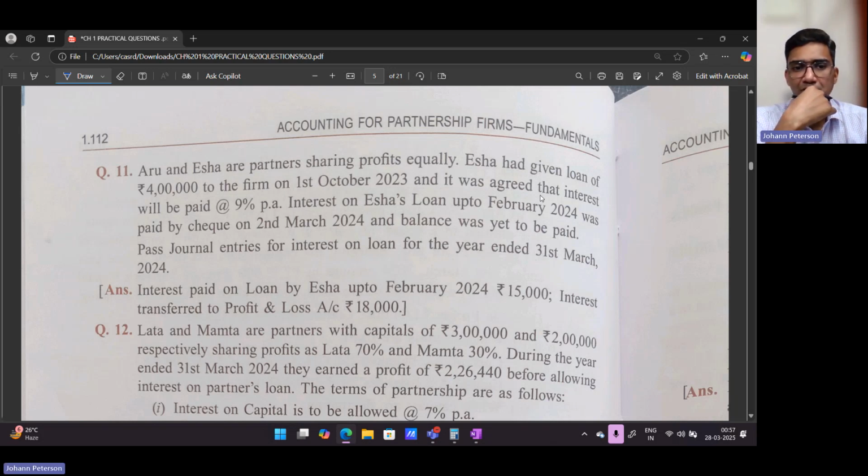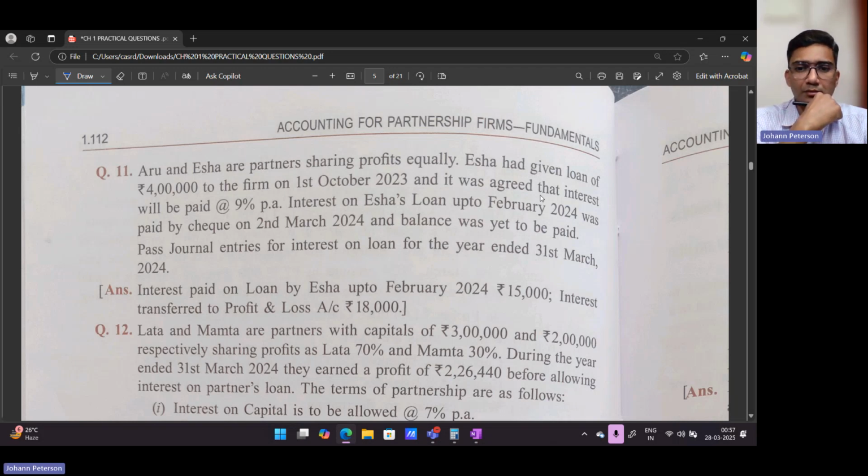was paid by cheque on 2nd March, and the balance is yet to be paid. So when you pay on 2nd March up to the month of Feb, taking it from 1st October, that means you've got interest to be paid for 5 months: October, November, December, Jan, Feb. So 9% on 4 lakh makes it 36,000.